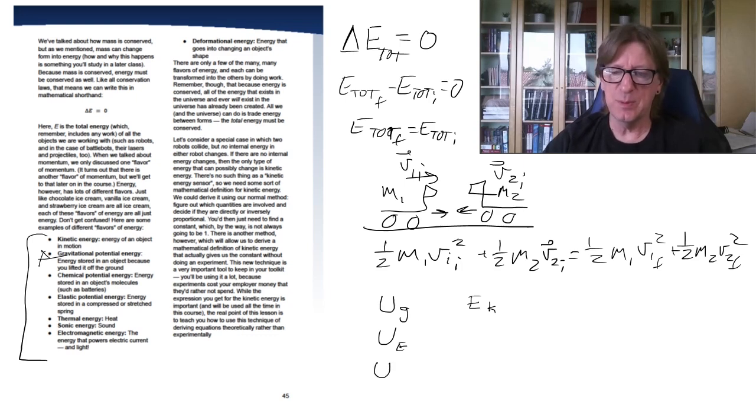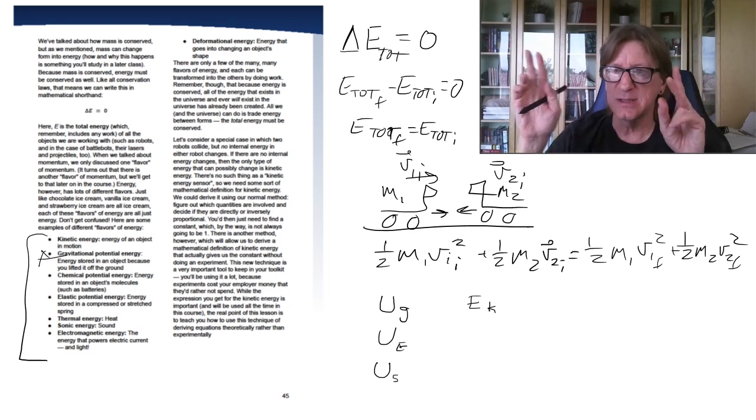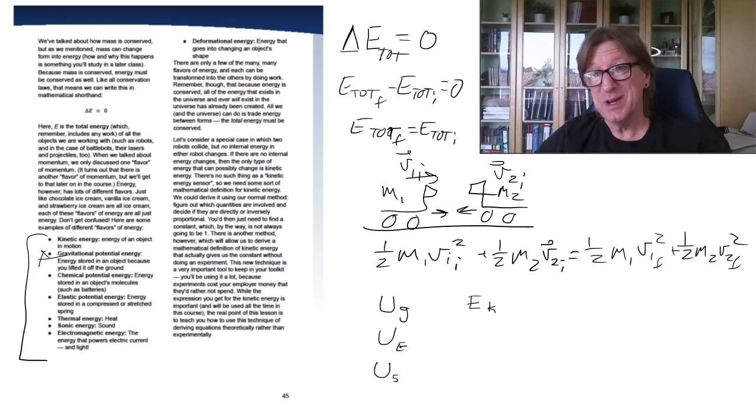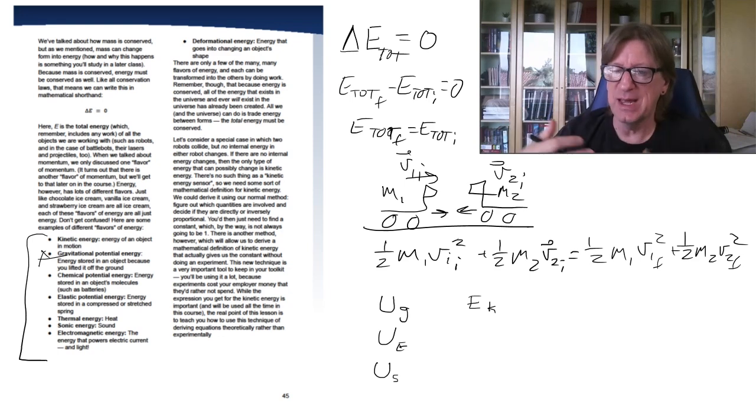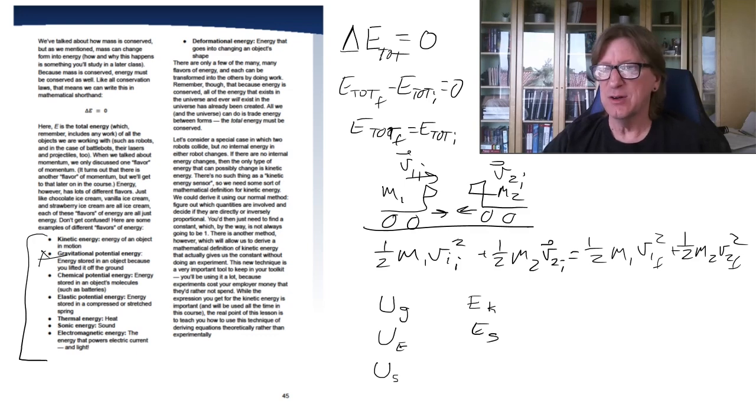So you will find people who put an S because they'll say it's spring energy, even though it might not be a spring. It might just be a piece of metal bending, which is still going to have that elastic potential energy. And then there are a number of other types of energy. I might have sonic energy. I might have thermal energy. Now, oftentimes we'll use the special symbol capital Q for thermal energy, but we'll get to that another time.